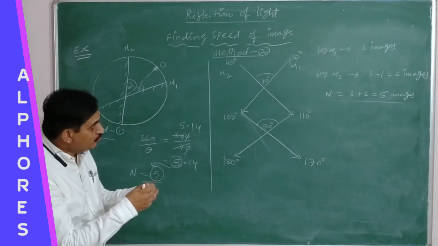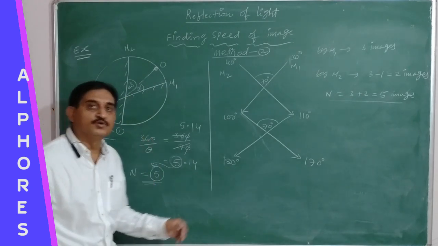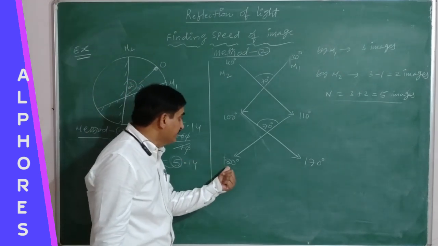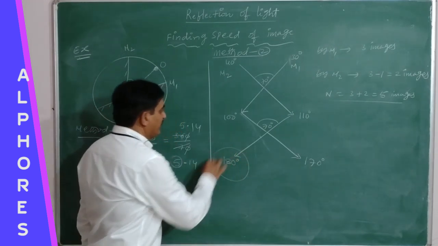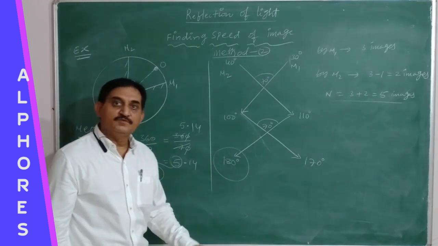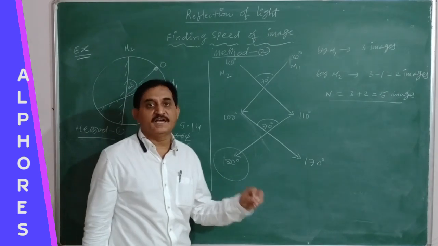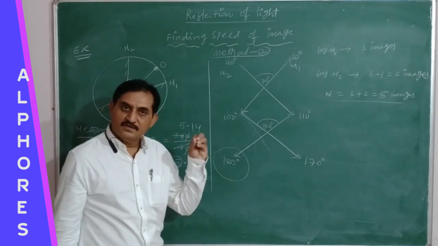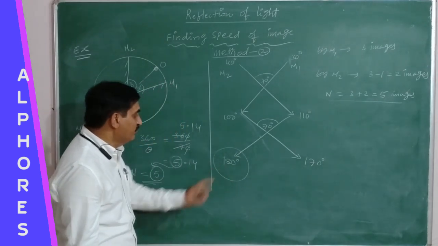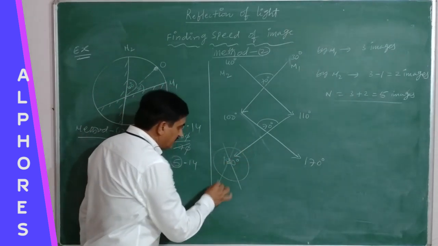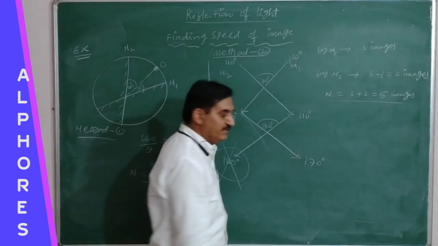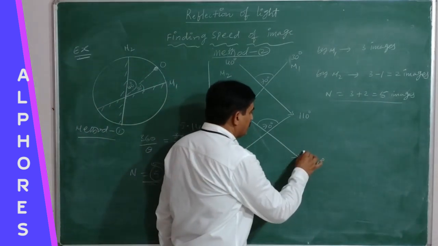So you have to go this way till you get 180 degrees. Once you get 180 degrees, you stop there. If it is crossing 180, you stop there. That is not counted as an image. Once you reach 180 degrees, that image is not taken into account. And 170, which is less than 180, you can take into account.